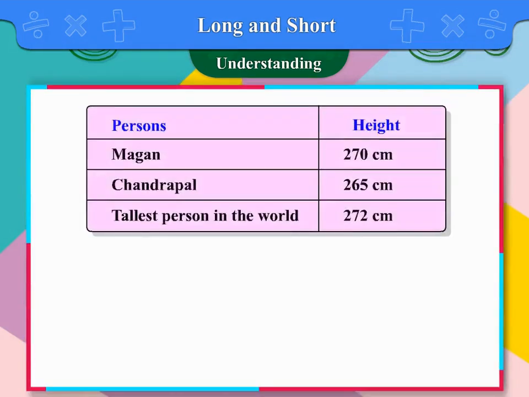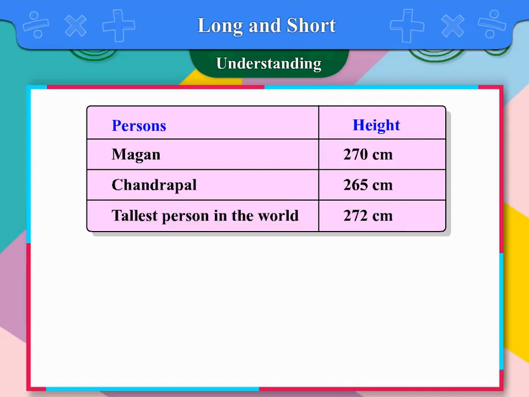Once Jalpa read the list of tallest persons in the world, in which the height of one of the persons was 272 centimeter. His height is twice Jalpa's height. Now, we have to find Jalpa's height. The height of the tallest person is 272 centimeter, which is twice Jalpa's height.